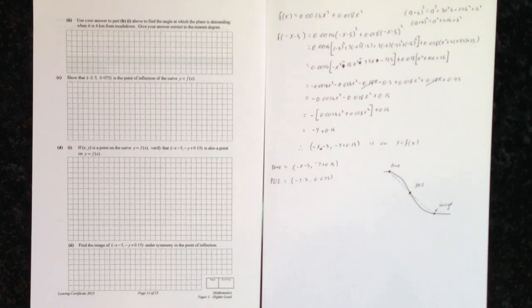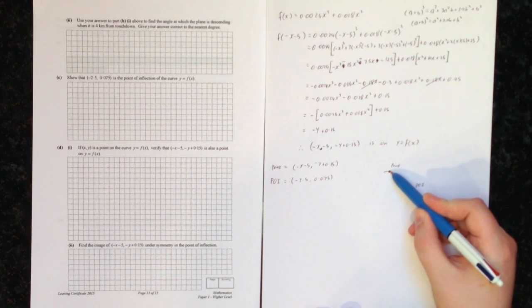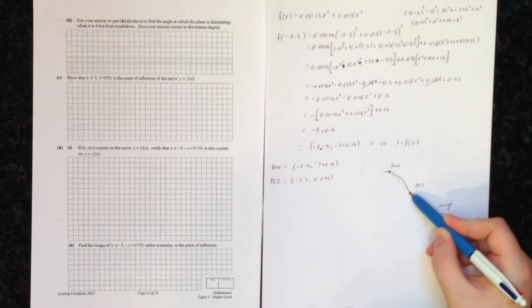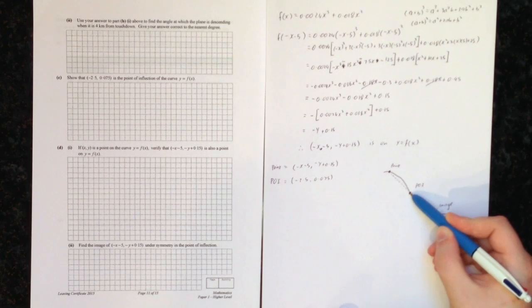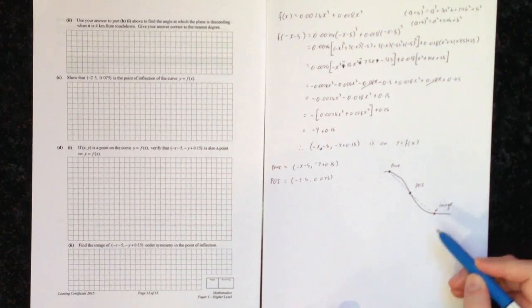When we're trying to find the image of some point reflected in anything, we want to see what is the change going from the point to the point of inflection, and then the same amount of change will happen on the other side.